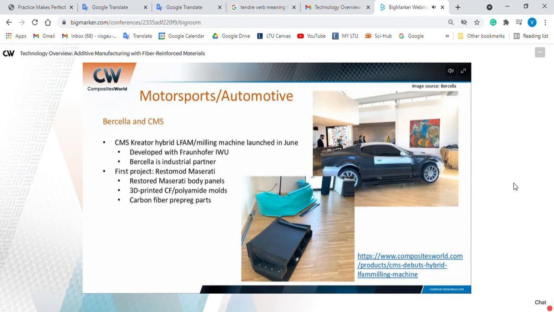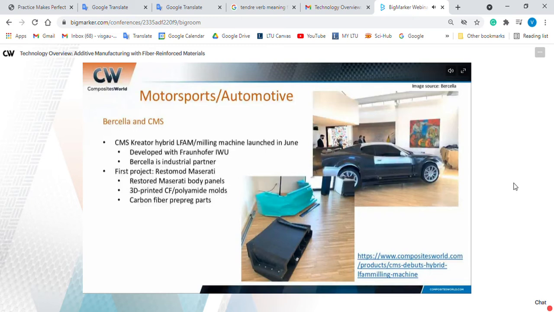It's called the Restomod Maserati program that they're part of, and announced earlier this summer, restoring Maserati vehicles with new body components. So this is an ongoing project that they're working on. You can see part of the progress here in these pictures, and one of the molds in the bottom picture as well.